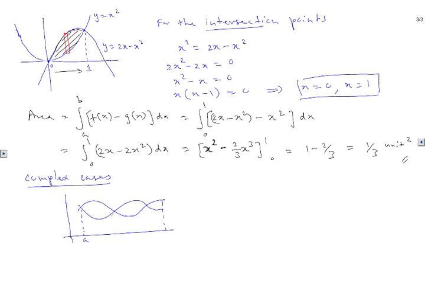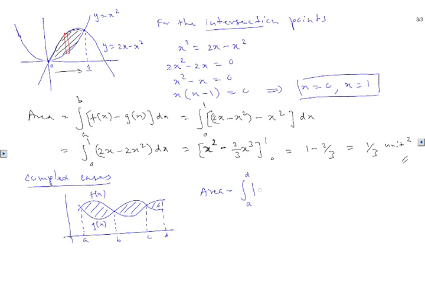So there's a starting value, and then there's a value here, and then a value there, and then a value there, that's the ending value. So what you do is find the area one piece at a time. So split the integral and find the area. If one is f(x) and the other one is g(x), then in this case the area is the integral from a to d, but you cannot just say f(x) dx.